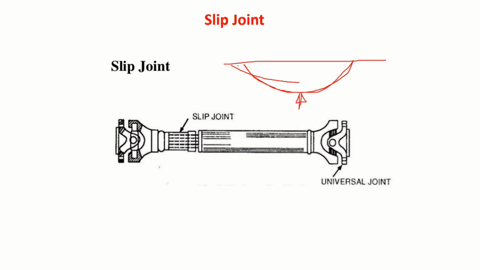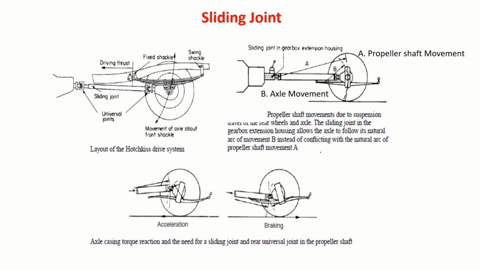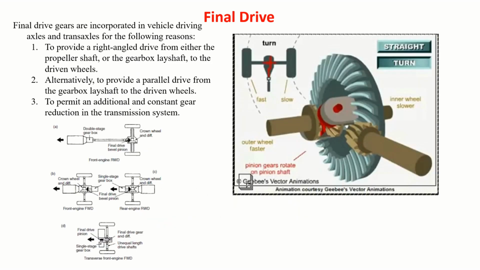This point will remain the same, so this length will try to increase. So then what is going to happen? This fellow will also move, so the shaft length has to increase. That's why we have a slip joint. Simply, it will slide like this. It is basically a spline shaft. To accommodate that length change, they provide this.